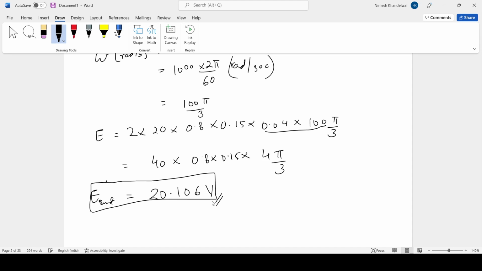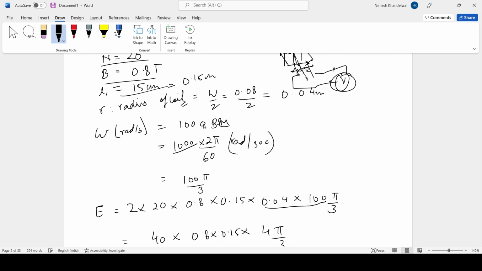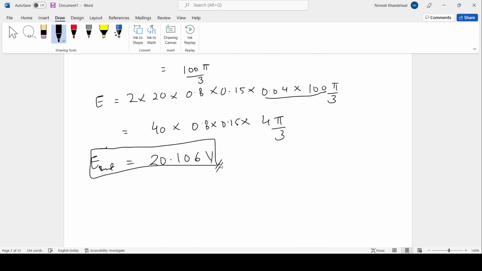So this is the voltage that you will measure at the two terminals of the motor. If you attach a voltmeter here and rotate the coil by the given omega, the voltmeter will show 20.106 volts.